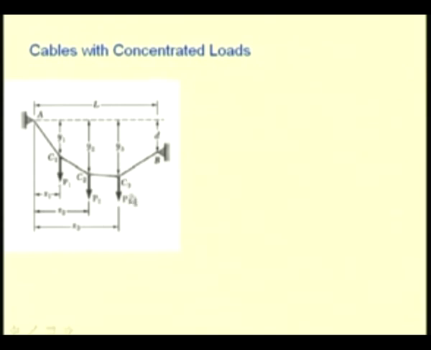These loads are known as well as their horizontal spans are known. The interest is to know these y coordinates, that is the shape the cable will take once these loads are being applied to this cable.